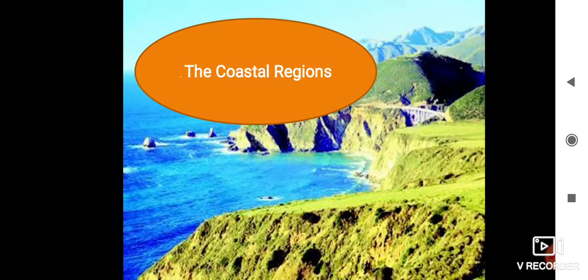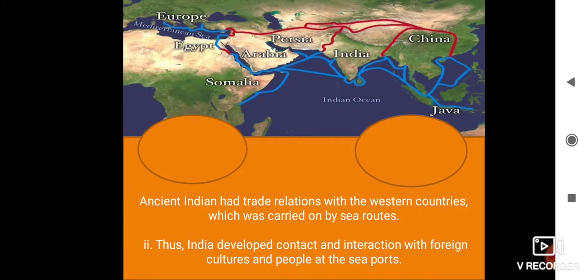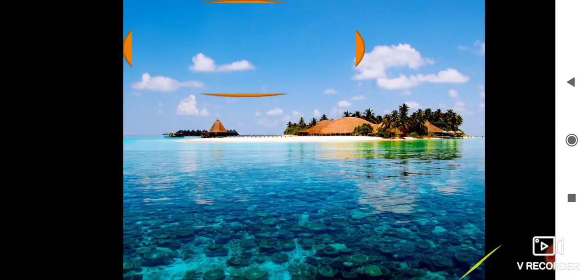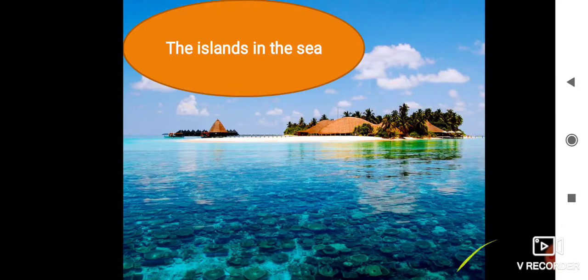Coastal regions. Ancient India had trade relation with the western countries which was carried on by the sea routes. Thus, India developed contact and interaction with the foreign cultures and people at the seaports. The islands in the sea.